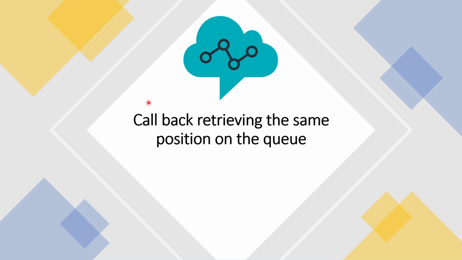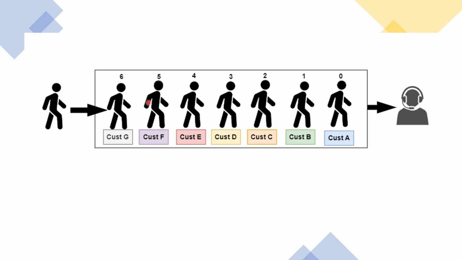Before talking about the contact flow, you need to understand how this actually works. Let's assume that we have customers A to G, and there's another customer called H who's already browsing the IVR and would like to enter the queue. There's one agent who's answering all the calls.